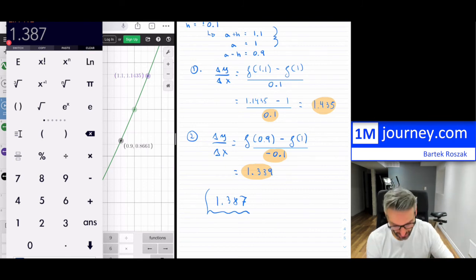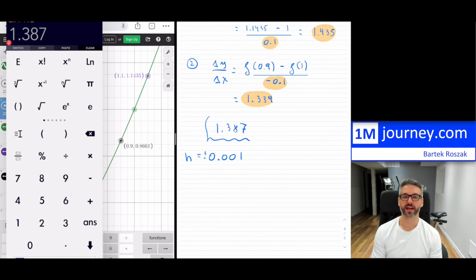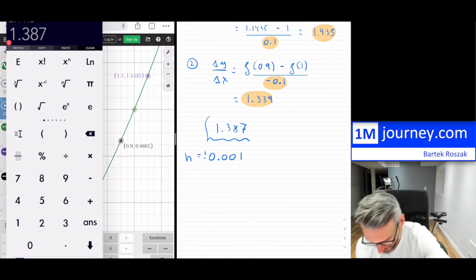Let me pick that. In that case we're going to get closer and closer to our actual slope, the instantaneous change at a equal to 1. So let me do this calculation now as well, and then I'll be right back.